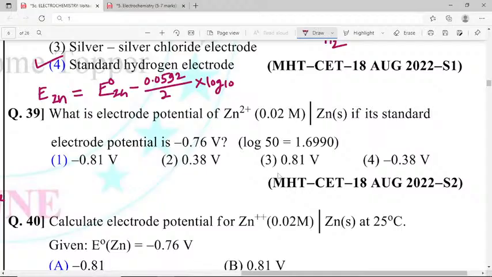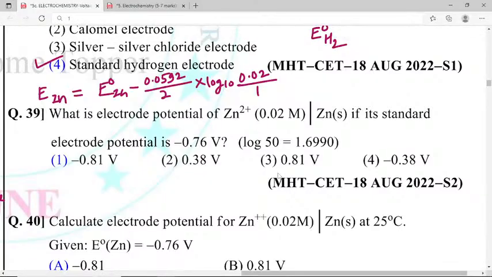So what is the concentration of Zn2+? That's 0.002 divided by 1. So solve this. Get it? If the standard potential is given, what is it?